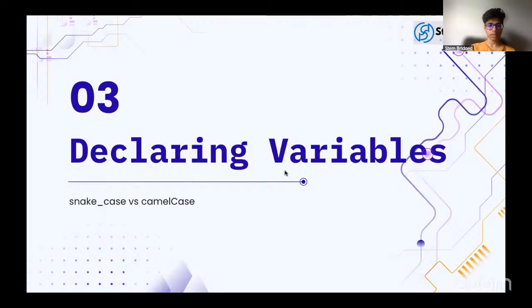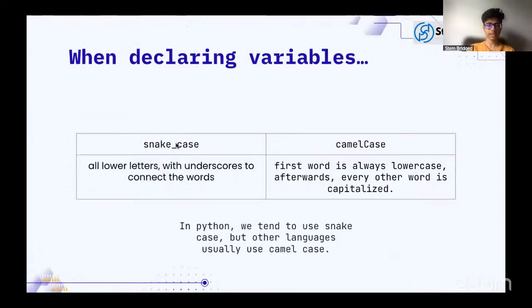Declaring variables. Snake case and camel case are basically how you name the variable. Snake case is when you separate two words by an underscore. So say you wanted to name a variable my height. It'd be my underscore height, all lowercase.